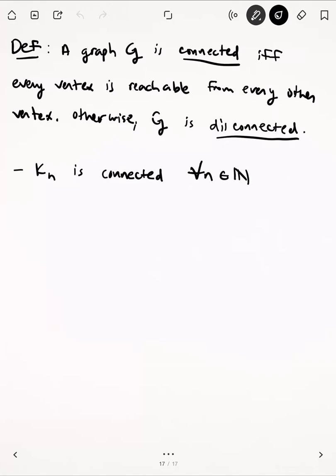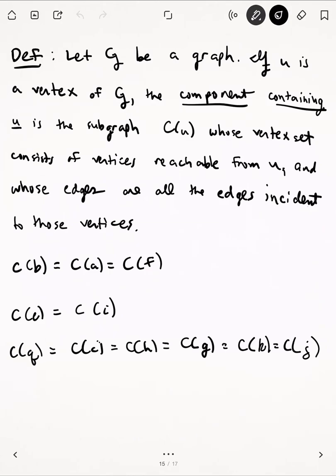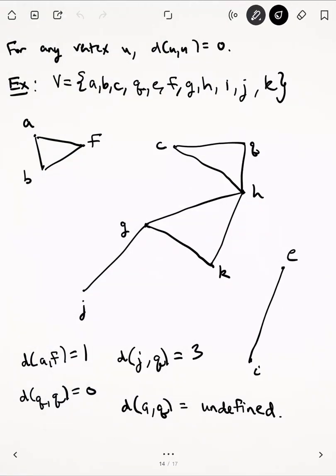Now another point I want to make, building on this idea of connected and disconnected, is to go back to this graph here. Notice that if I look at the subgraph BAF, that's a connected subgraph of the graph I'm looking at. The overall graph is this whole big thing right here.